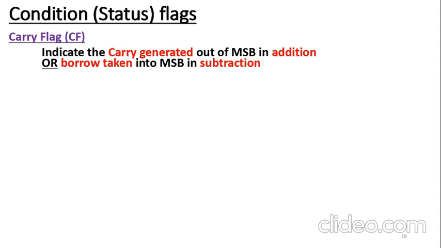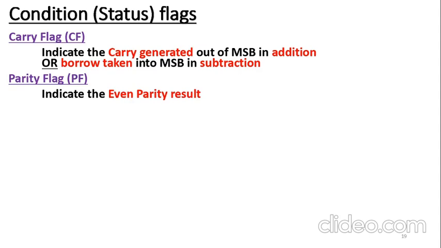Similarly, whenever a borrow is taken into the MSB bit in subtraction, then also that same carry flag is set to 1. It clearly means that carry flag equal to 1 indicates a carry generated out of the MSB in case of addition or a borrow taken into the MSB in case of subtraction. And whenever carry flag is equal to 0, it indicates no carry or no borrow.